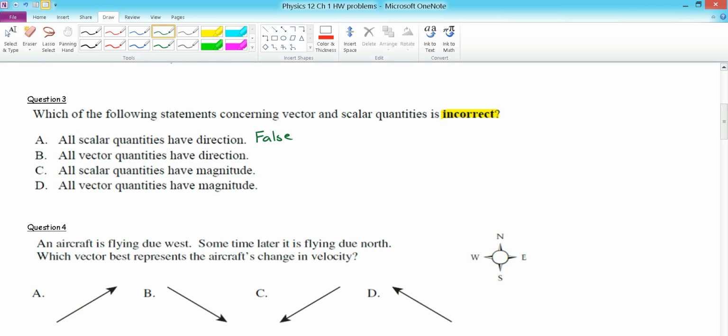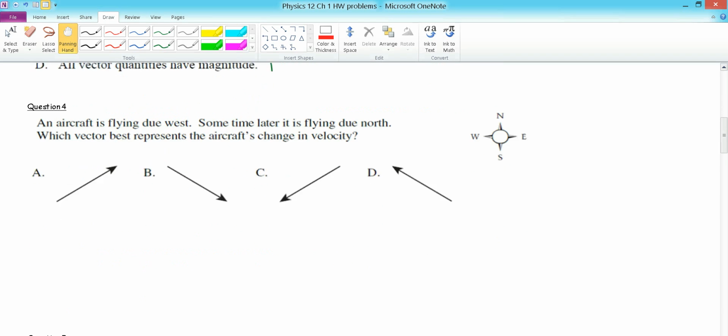All vector quantities have direction. That is true. All scalar quantities have magnitude. Yes, that is true. All vector quantities have magnitude. That is also true. So option A is the correct answer. Option A is false.